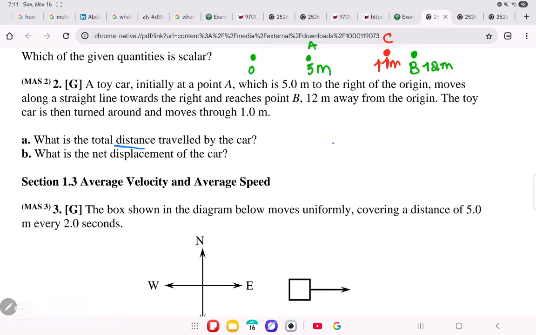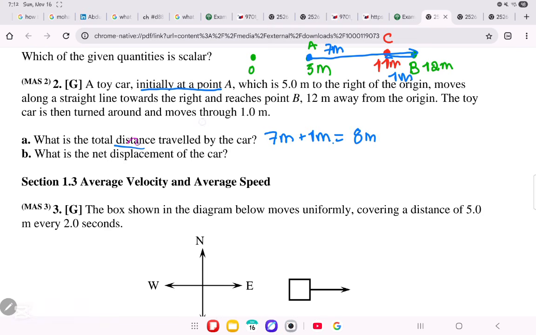If I didn't read, I wouldn't have noticed. Initially at point A. What does this mean? This means the car starts at point A and then it goes to point B. Okay, if it starts at point A, which is 5 meters, and goes to point B, which is 12 meters, how much does it travel? It will travel 7 meters. So we have so far 7 meters. Then from B to C, how much does it travel? It travels 1 meter. So 7 meters plus 1 meter, that's gonna be 8 meters.